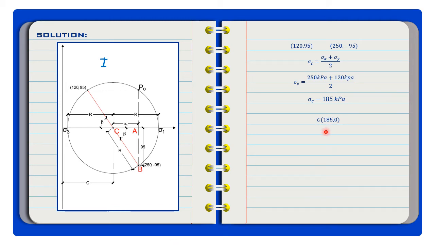Ito ngayon magiging coordinate ng center ng circle natin at point C. Now, after getting the coordinate of the center of the circle, we are now ready to get the radius of the circle. Pwede natin kunin yung radius ng circle from this part, or pwede rin natin kunin yung radius na yon from this part.